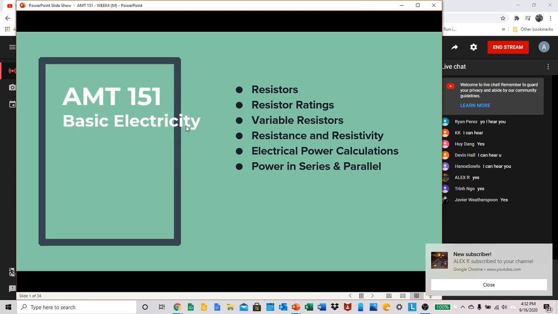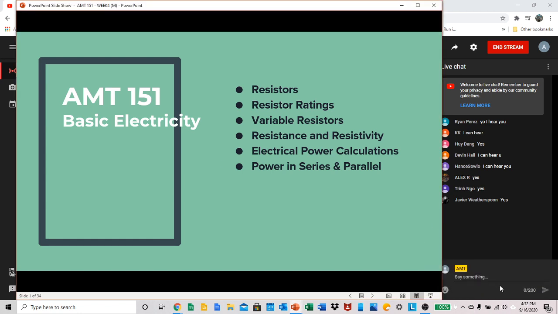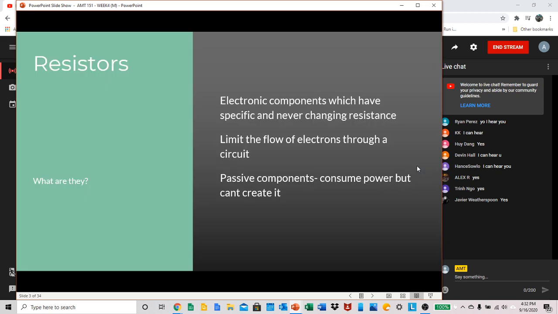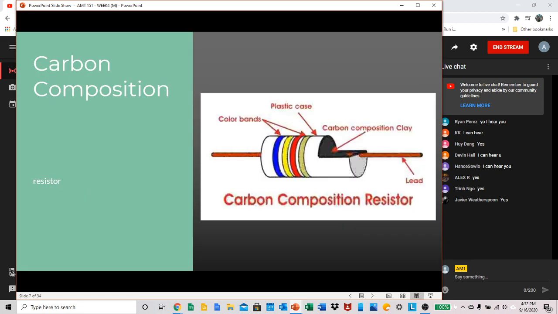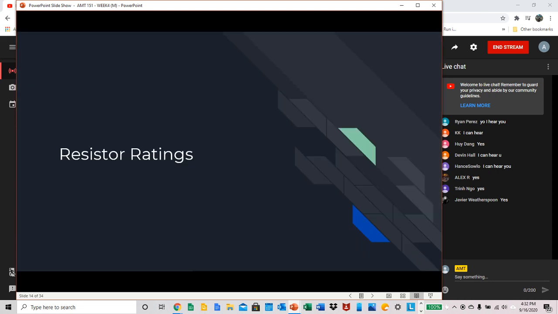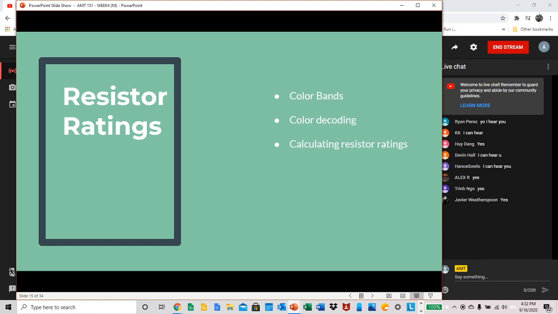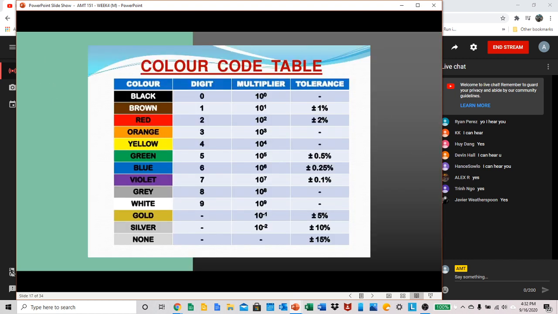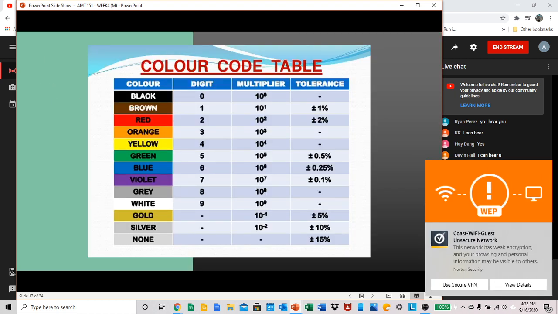Okay, so these are the slides from Monday that we went through. I was having some internet issues, so we only got so far. We talked about resistors and some of the makeup of resistors. We talked about the ratings, the color code bands, and how to read those.